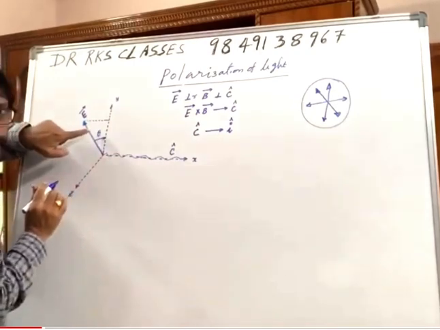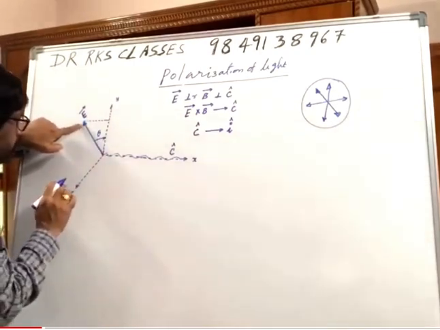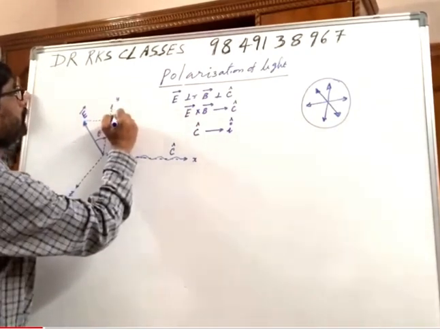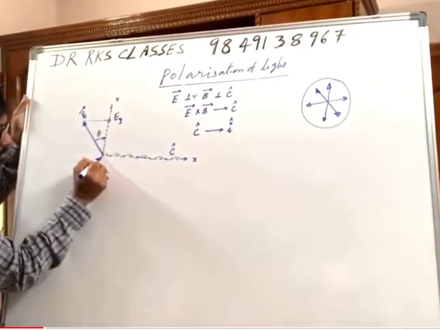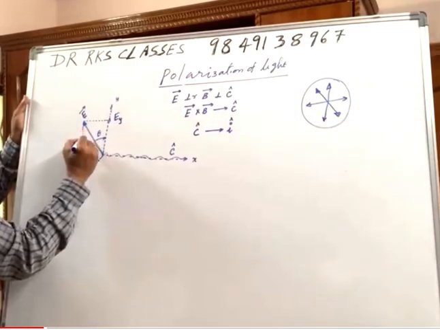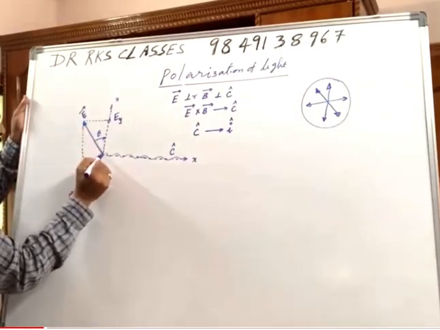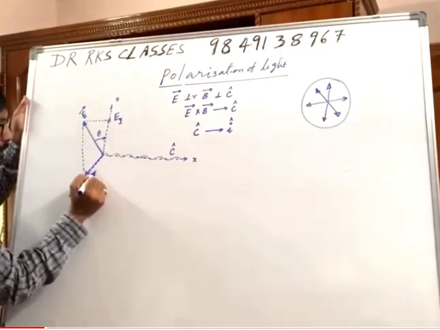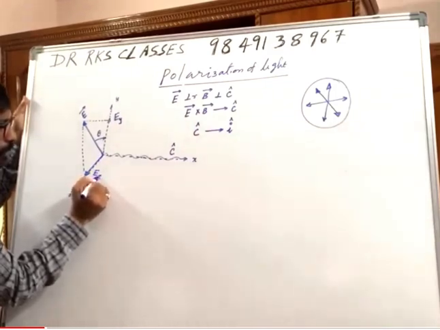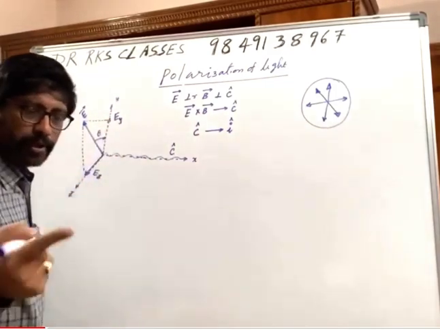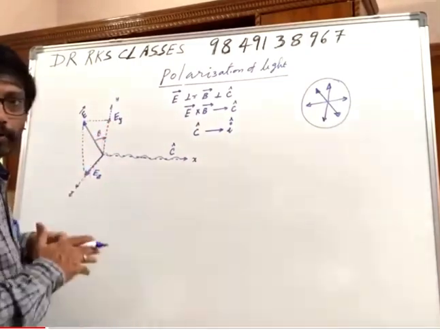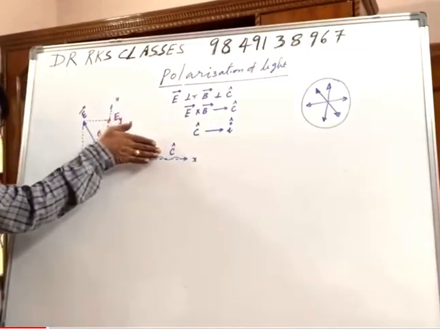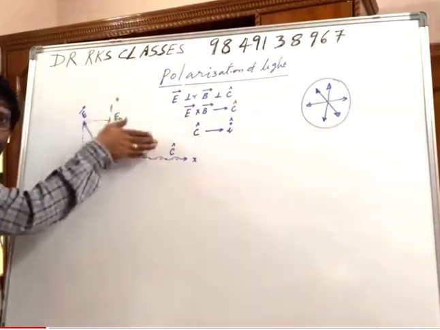So suppose theta varies, I can resolve this electric field vector in yz plane into two components, Ey and Ez. Resolve the electric field vector into two components, y component and z component. So y component means the vibrations are in the plane of the board.